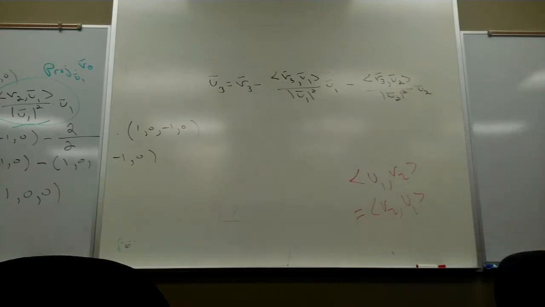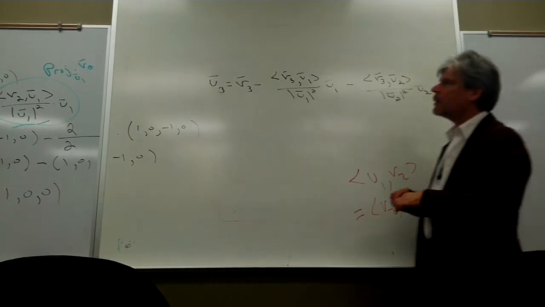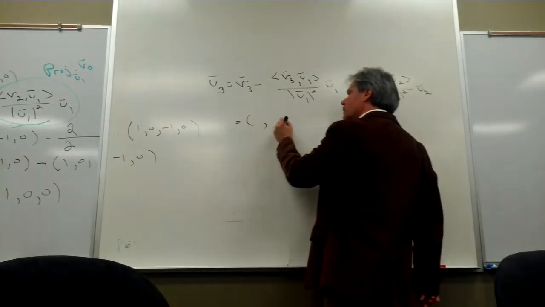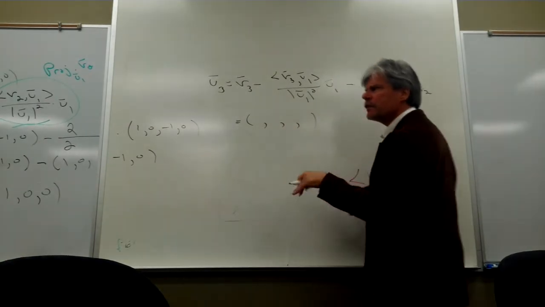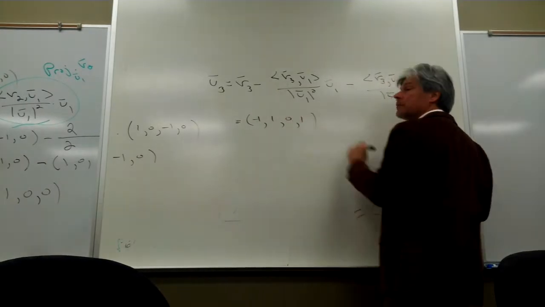And I apologize, you guys, I've got a bit of arithmetic to perform. So I'm going to restate what V3 bar is. Not that I can possibly remember. Remember, no glasses. Is it negative 1, 1, 0, 1? Yes.